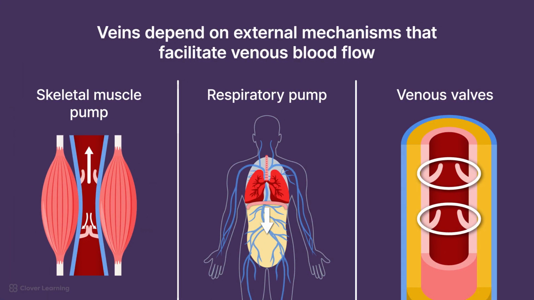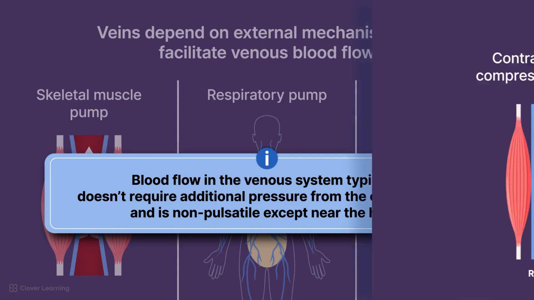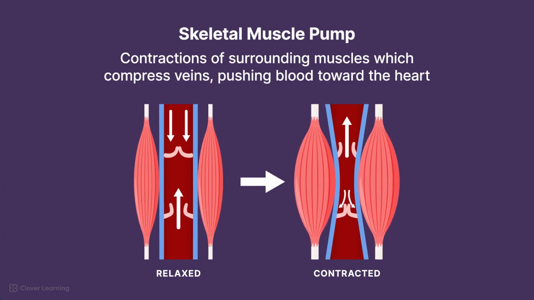Second, since veins lack the strong pulsatile force present in arteries, they depend on external mechanisms to facilitate blood flow, such as skeletal muscle pump, respiratory pump, and venous valves. Blood flow in the venous system typically does not require additional pressure from the cardiac cycle and is non-pulsatile except near the heart. The skeletal muscle pump consists of contractions of surrounding muscles which compress veins, pushing blood toward the heart.